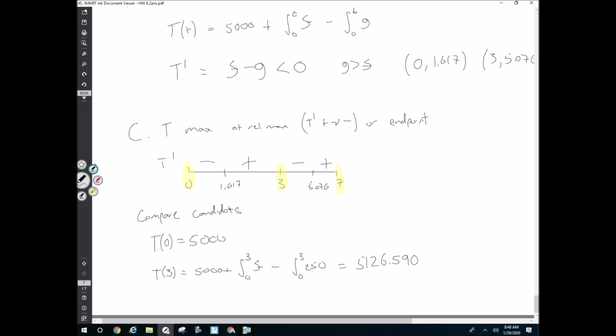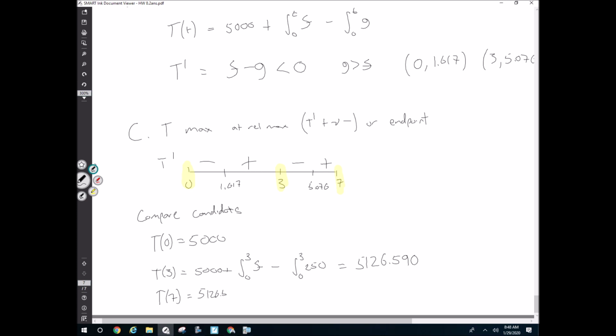But let's look at T of 7. You know what I'm going to do? And I could do this, and you don't have to do this. I'm almost done. Your initial amount could be the amount at time 3.